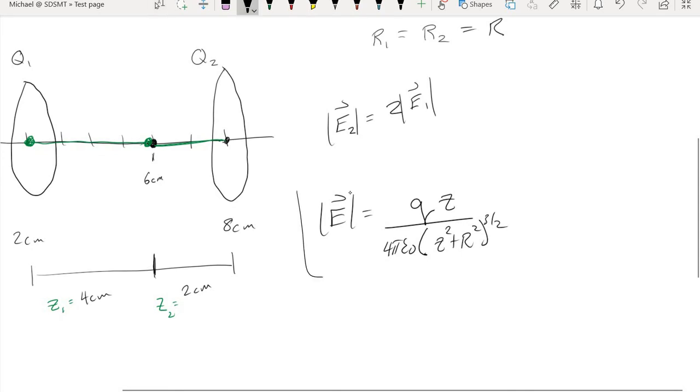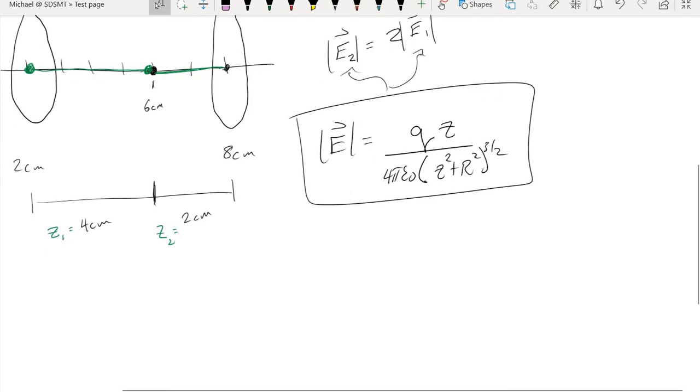Okay, so this equation is what we're going to use in place of the two fields. We just have to plug in the appropriate values. So I'll start with E2, since that's over there on the right.